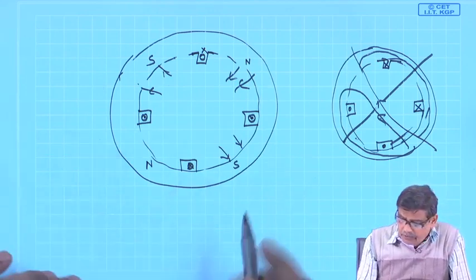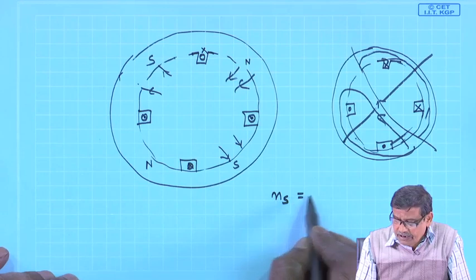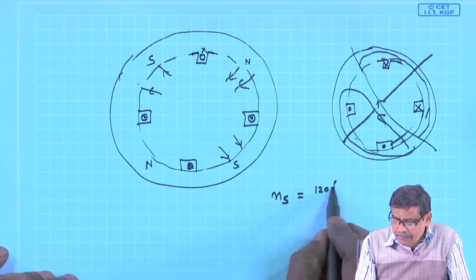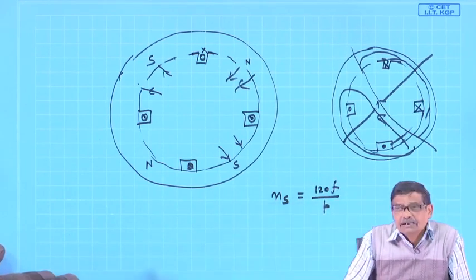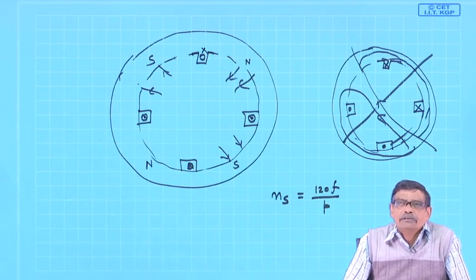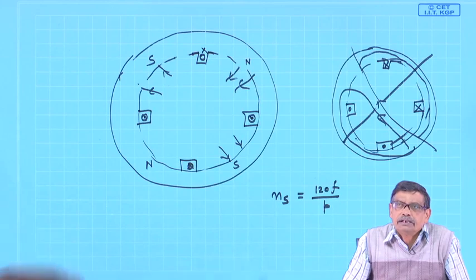Because ultimately, as I told you, synchronous speed is equal to 120 f by p. So, earlier it looked like supply frequency you cannot control, because it is the bus voltage that we are getting.